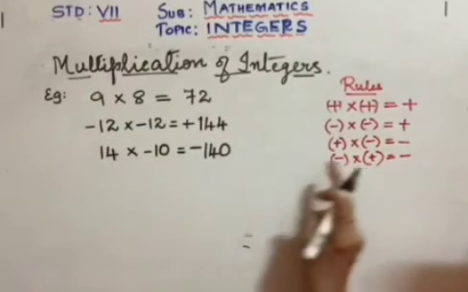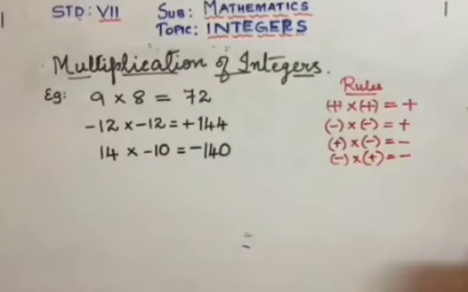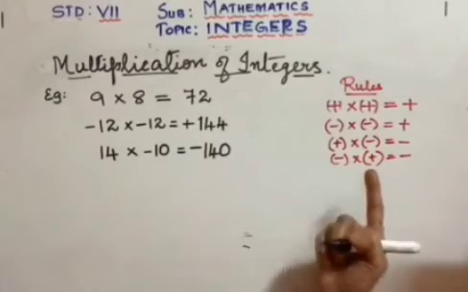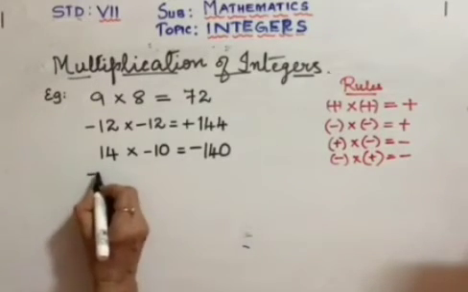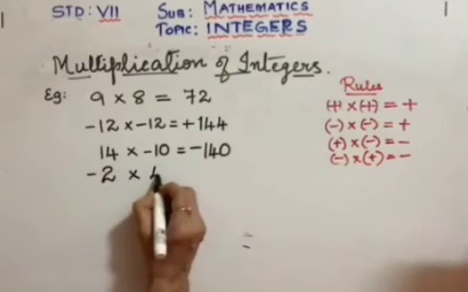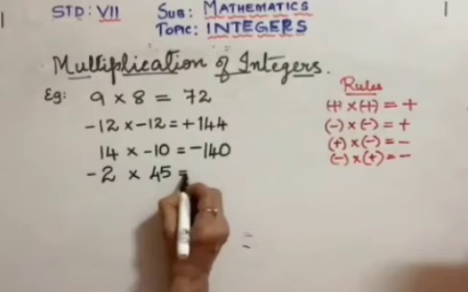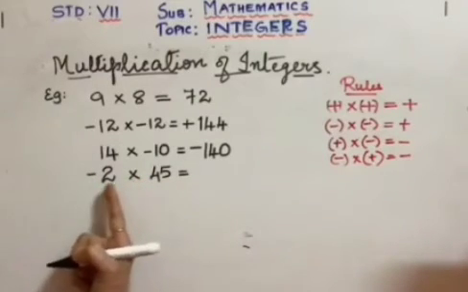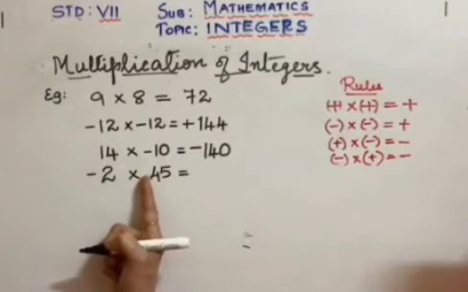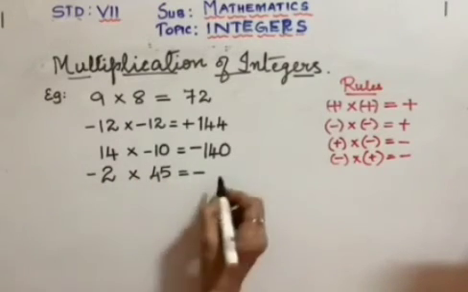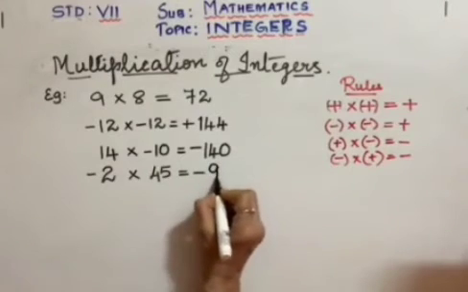Okay. So, third condition. Fourth one, let's take one negative integer, the other one positive. So, minus 2 into, say, plus 45. Minus into plus is minus. 2 into 45 is 90.